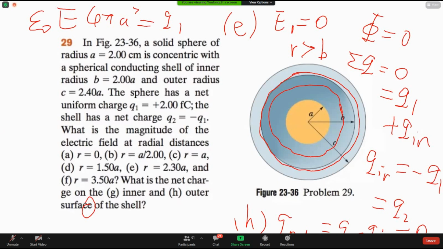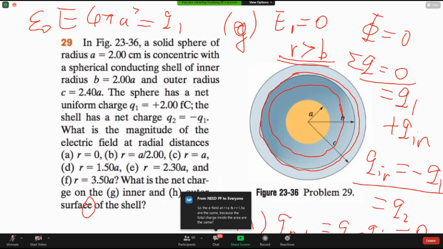This is actually for G. For G, if you build a Gaussian surface a little bit larger than B, the electrical field there is 0. Then the total charge inside is 0. That means the negative charge Q2 is accumulated on the inner surface so that the total charge is 0. So the inner charge just equals minus Q1.